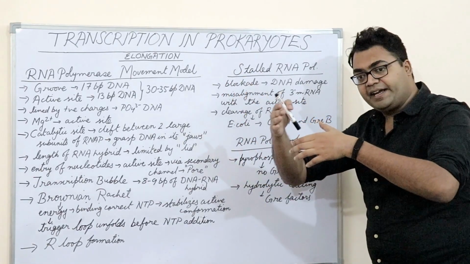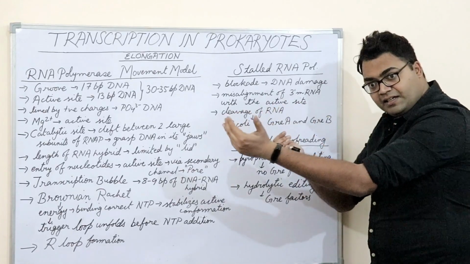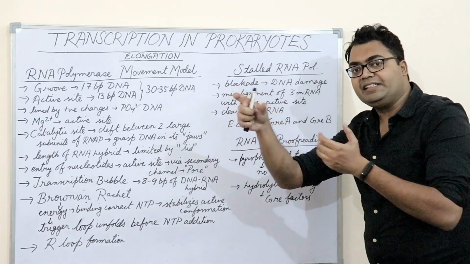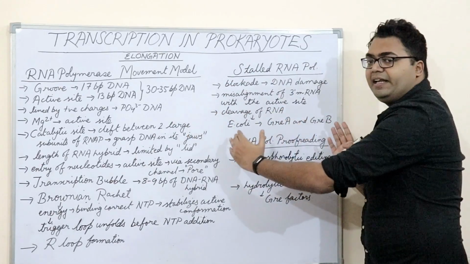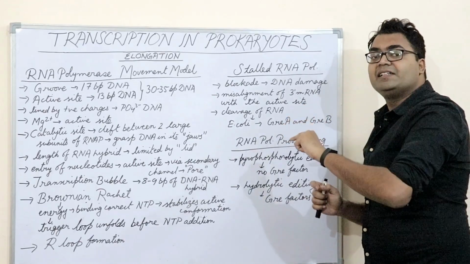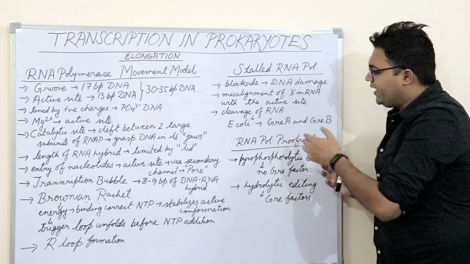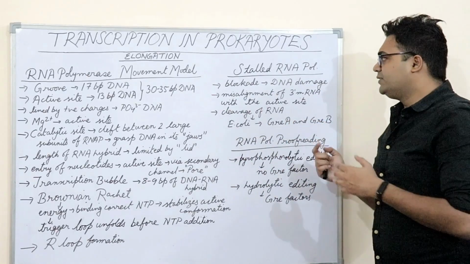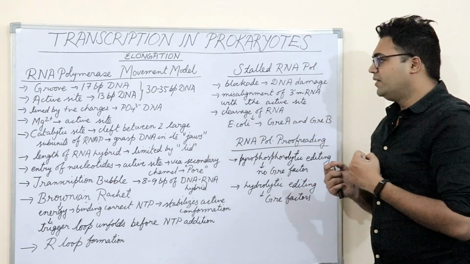It backtracks and cleaves whatever has been synthesized, and it will again realign the 3' OH group of the mRNA with the RNA polymerase active site itself, and thereby the RNA polymerase can restart the synthesis of the mRNA.